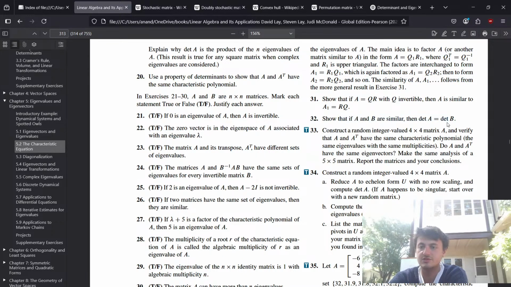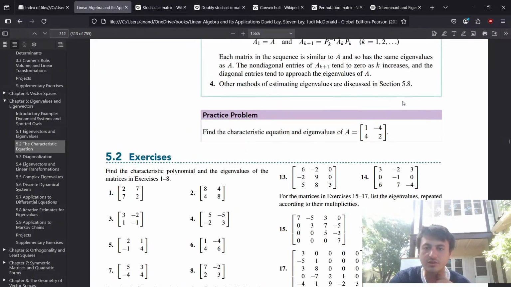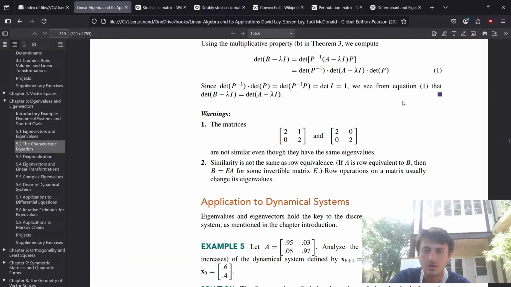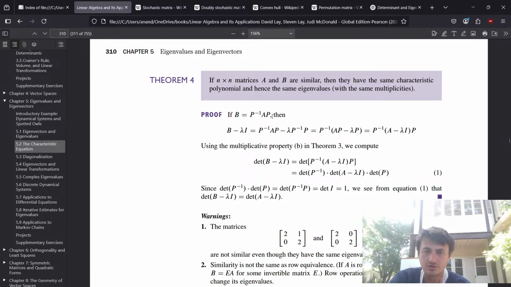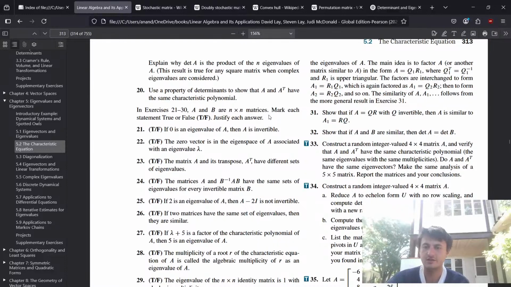So if A and B are similar, then the determinants are equal. Oh, this is the easy one. This is literally in the book. If they're similar, then they have the same determinant. But you don't even have to do this. Let's do this problem. P inverse AP is equal to B. Then we apply det to both sides.